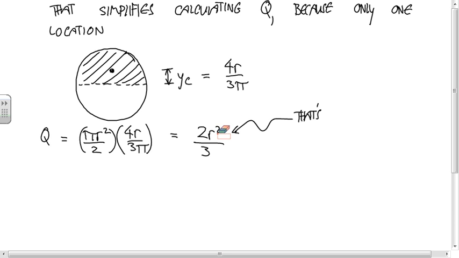I must have just written that wrong. Thank you. And it has to be because the units have to be meters cubed. So that's the only Q formula you need for a circular cross section.